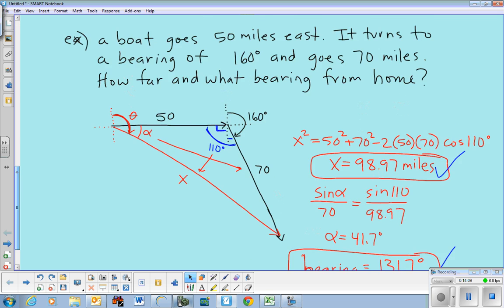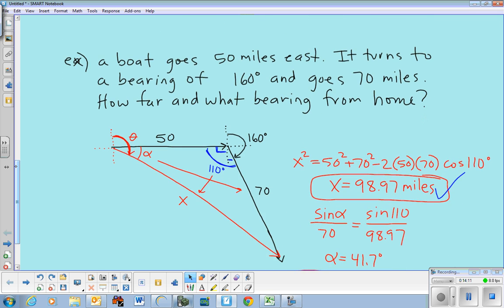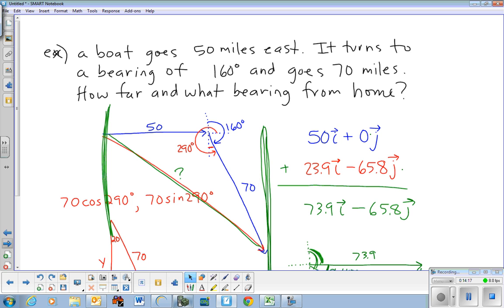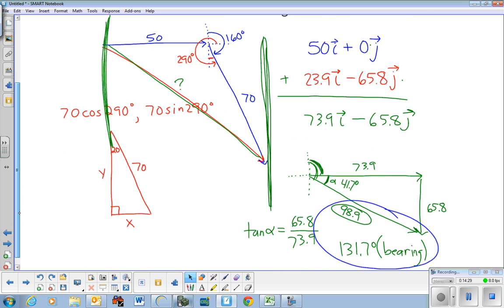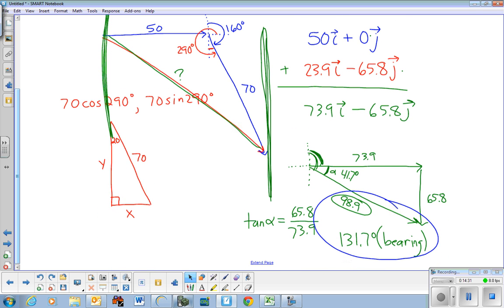Instead of just making a triangle and using a non-right triangle, using the law of cosines, we're going to force it into being right triangles by only looking at the x and y separately. Break each leg of the journey into its parts, form those parts together for a full journey, and then use a little right triangle, hypotenuse, and then inverse tangent to find the angles.